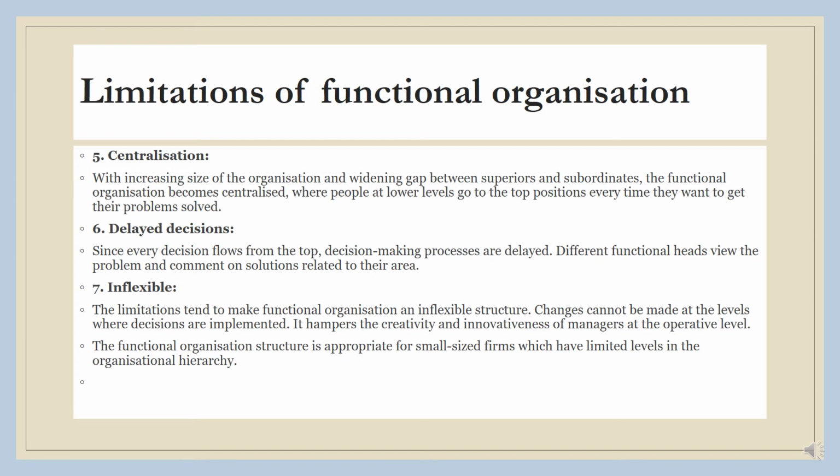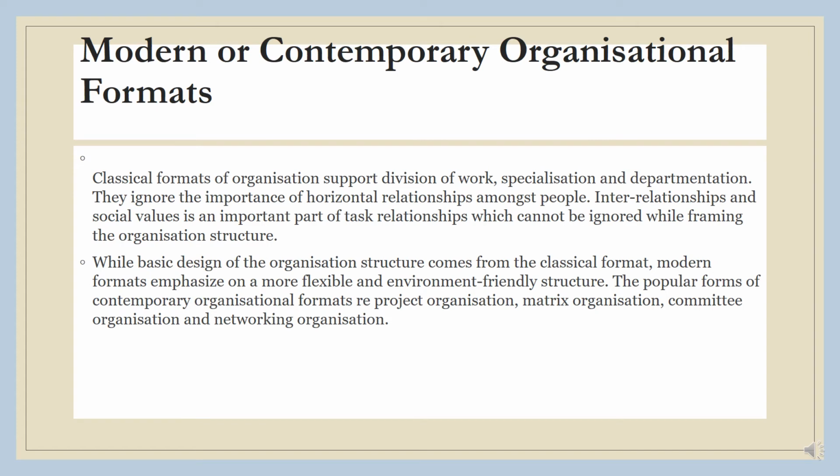And let us come to the modern or contemporary organizational formats. The classical formats of organization support division of work, specialization, and departmentation. They ignore the importance of horizontal relationships amongst people. Interrelationships and social values are an important part of task relationships, which cannot be ignored while framing the organization structure.